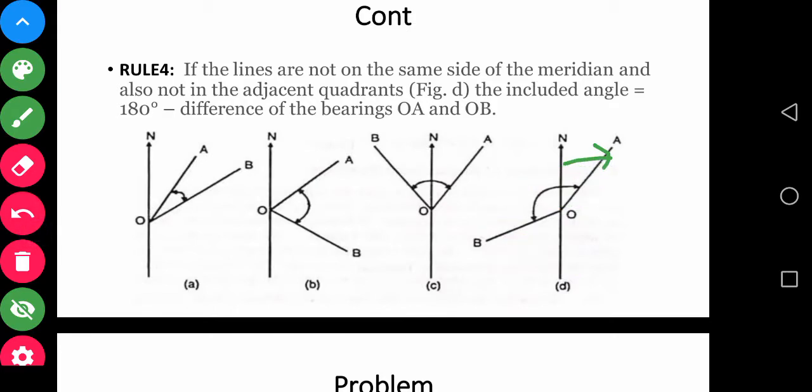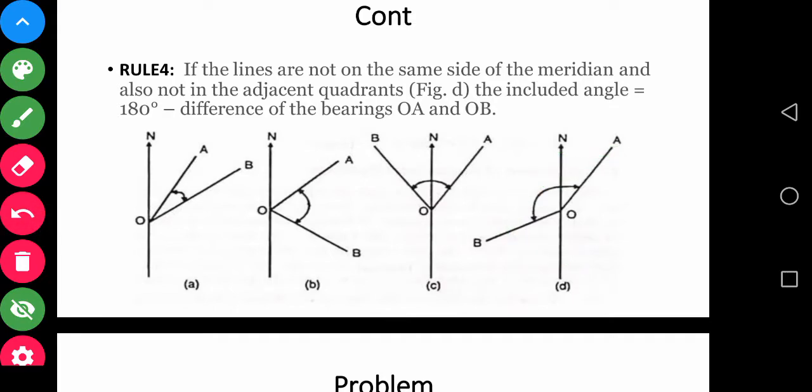Now we need to calculate this angle between OA and OB. From here to here, this is our 180 degrees. So from 180, if we subtract the bearing of OB, we find this angle, and if we add the bearing of OA to it, then we find the included angle.